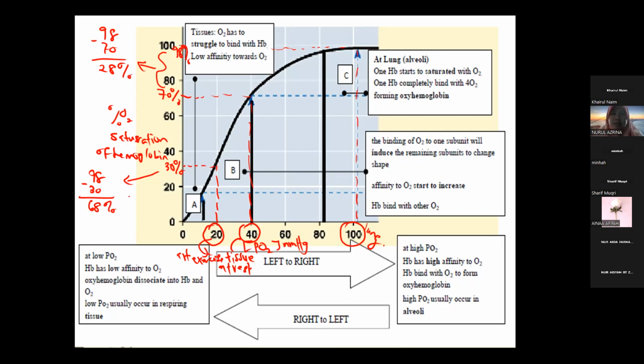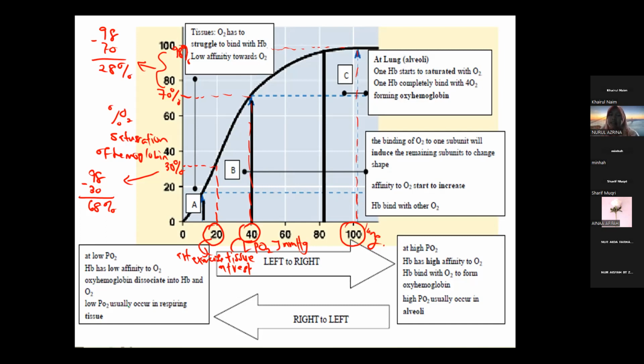So itu the first thing that you have to understand about the oxygen dissociation curve. Perkara yang pertama. Okay. Perkara yang kedua that you have to understand about the oxygen dissociation curve is, what happened to your hemoglobin in terms of kecenderungan dia? Affinity of hemoglobin towards oxygen. Macam mana keadaan kecenderungan?